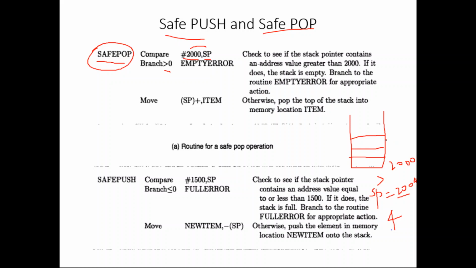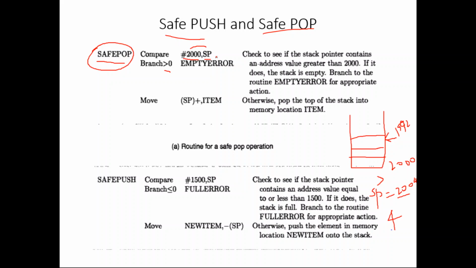Assume that the current stack pointer is here, so this is 1992. Then what will compare #2000, SP do?